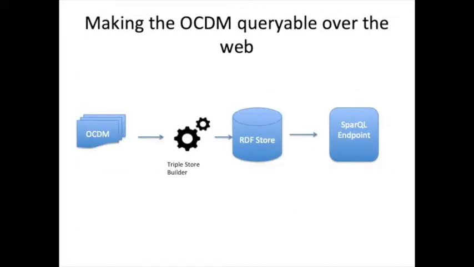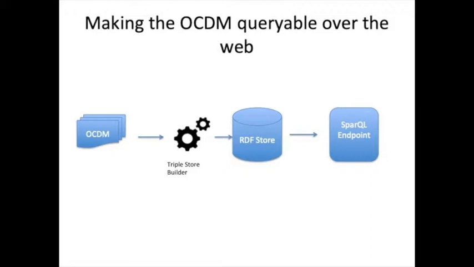So the first issue is making the OCDM queryable over the web. As I said, the OCDM consists of a set of OWL files. Todd Detweiler in our group has written a program to turn those into essentially a database called an RDF store, which is like a relational database, but it's meant for ontologies, and that in turn is accessed by a SPARQL endpoint. SPARQL is the query language for the semantic web. It's sort of like SQL for relational databases.